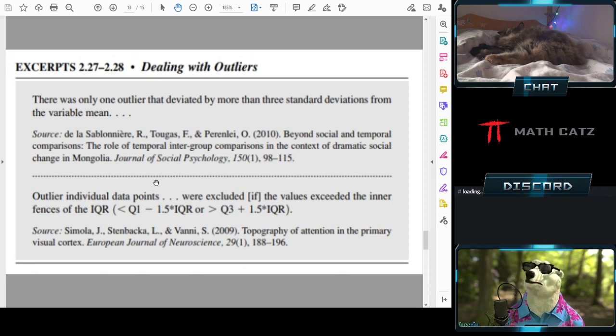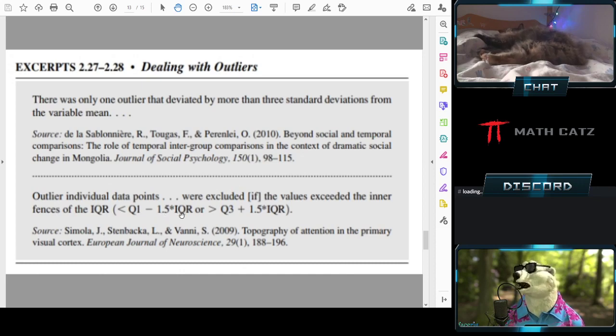That is the point. Another excerpt here: outlier individual data points were excluded. They tell you when it was excluded, if the values exceeded the inner fences of the interquartile range, 1.5, that we saw in the SPSS, right?